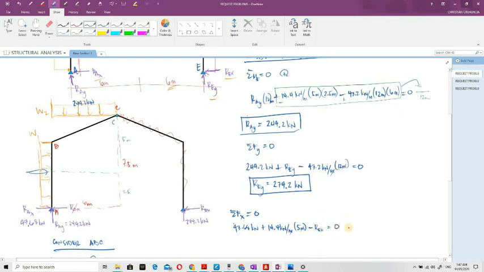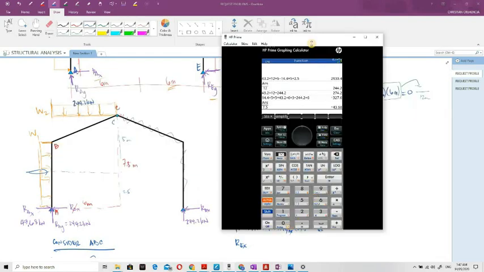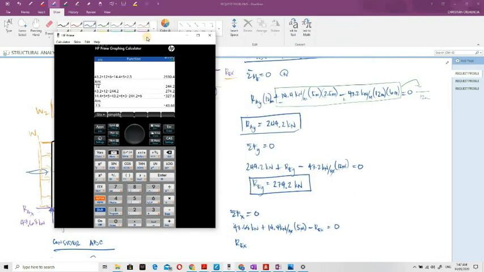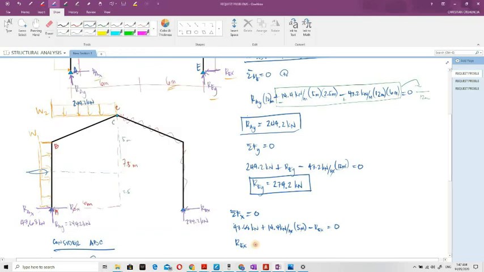So pag transpose natin to, so we can solve for REX. Okay, so ito yung transpose natin sa kabilang side, so para maging positive. Okay, so let's compute. 43.68 plus 14.4 times 5. So we have 115.68 kilonewton.